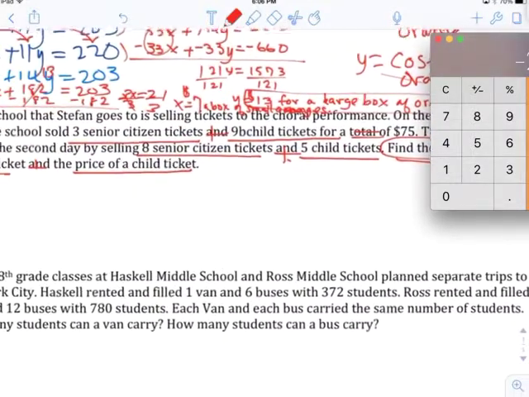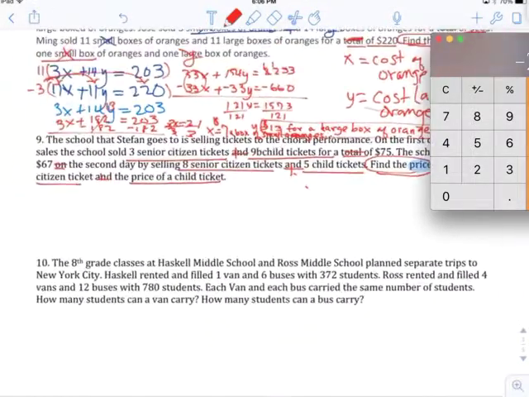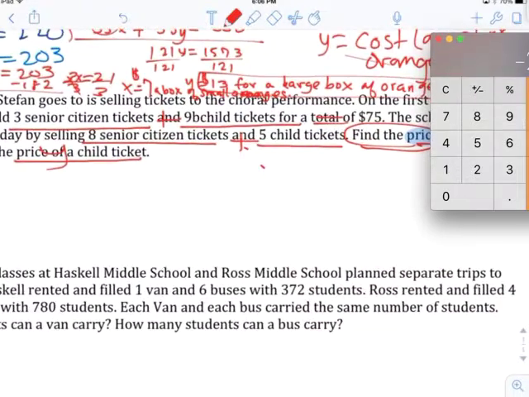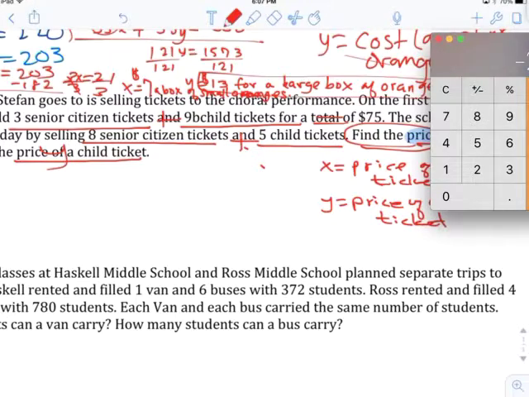Okay, so X then and Y. X represents the price of a senior ticket. Y then is the price of a child's ticket.